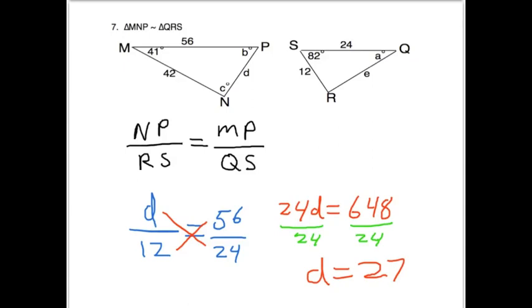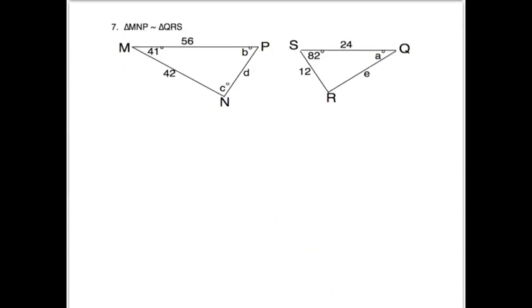Now the next job is to find E. So length E refers to the side length QR. So let's set up our ratios as triangle QRS divided by triangle MNP. So length QR correlates with MN. So QR divided by MN is one ratio. And in particular, it's the unknown ratio because length E is unknown.